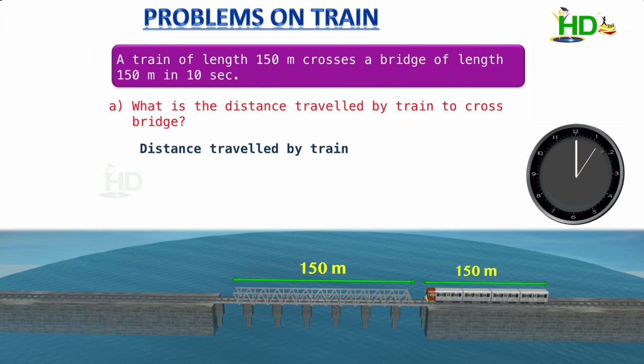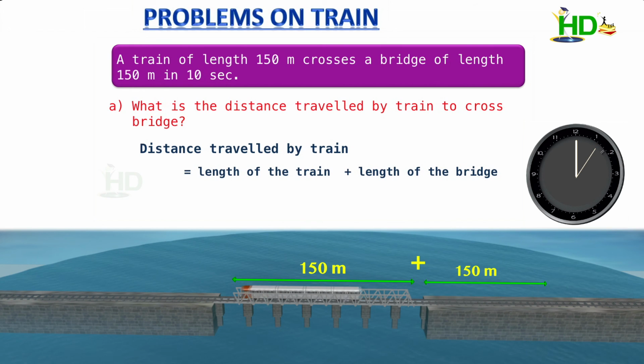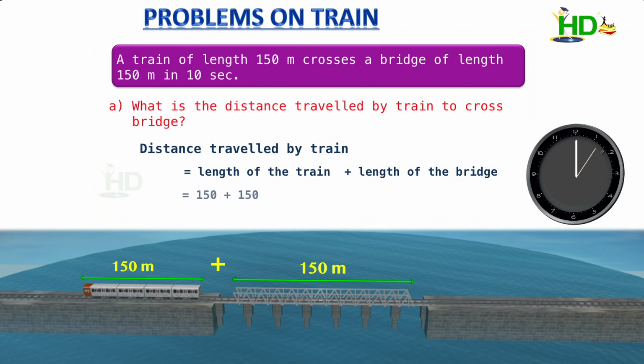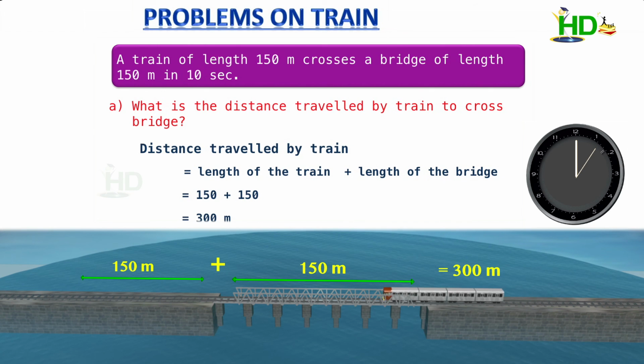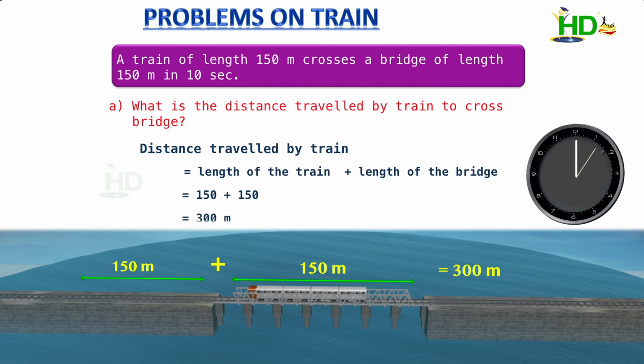How much distance does it travel to cross the bridge completely? Yes, it is nothing but the length of the bridge plus the length of the train. That means to cross the bridge, it has to travel 150 plus 150. This is equal to 300 meters. And to cross the bridge, the train takes 10 seconds.